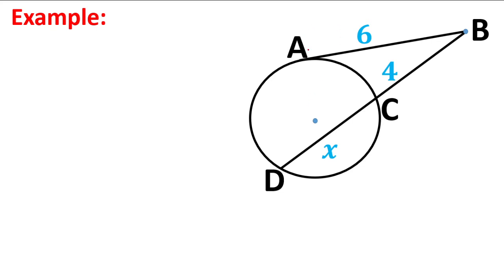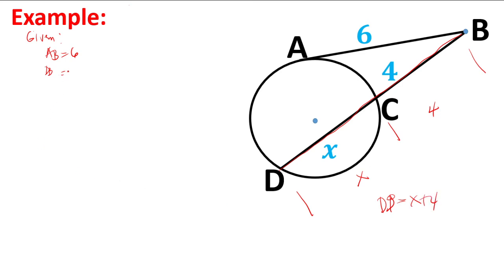Anong kailangan natin dyan? Si AB. Kailangan natin si AB. So, given natin AB is 6. Tapos, ano pang kailangan natin given? Yung buong secant segment natin na DB. So, ilan si DB? Mula kay D hanggang kay B. Dito ay X. Tapos, ito ay 4. So, this is DB is X plus 4.